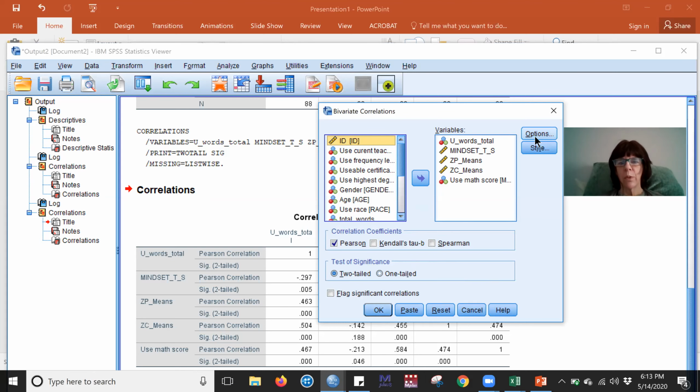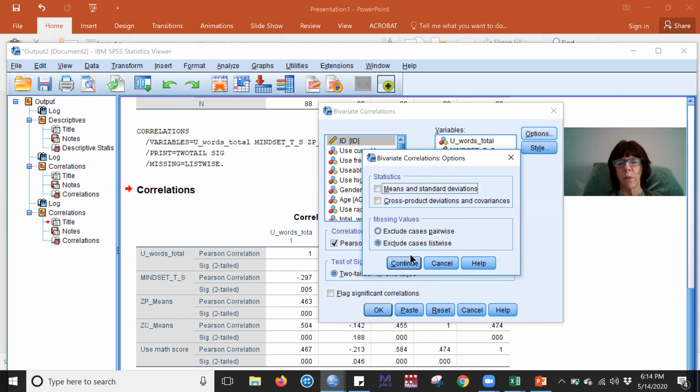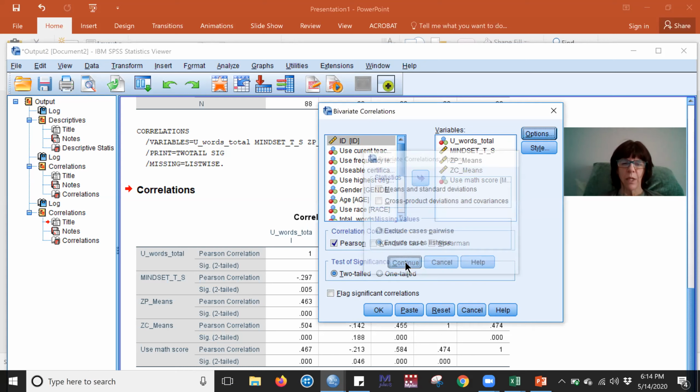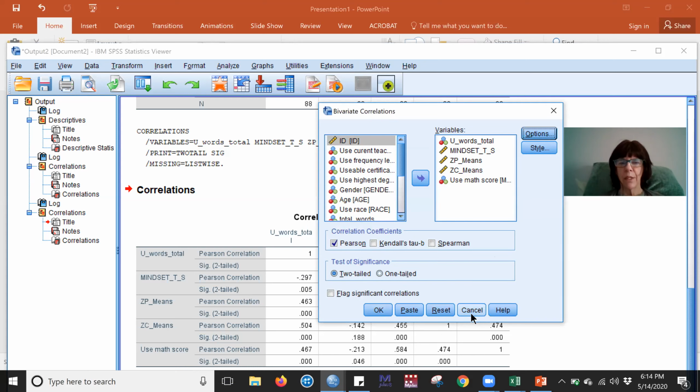That's really all there is to it. One thing I fiddled with is whether to ask for missing values listwise or pairwise. We have no missing values, so you save some space in the output by just asking for listwise data. And that's all there is to that.